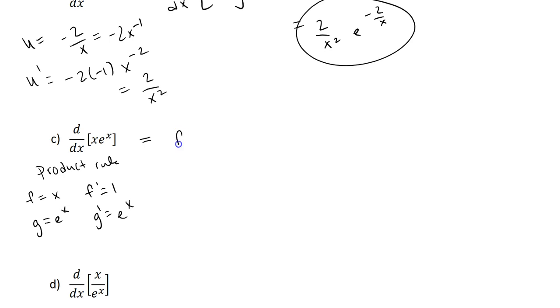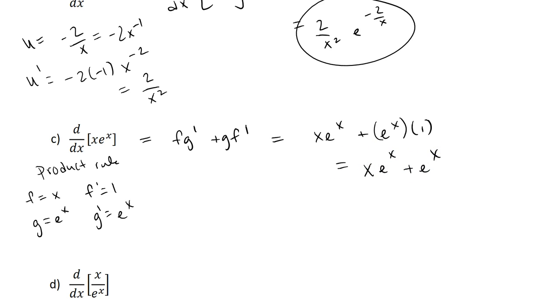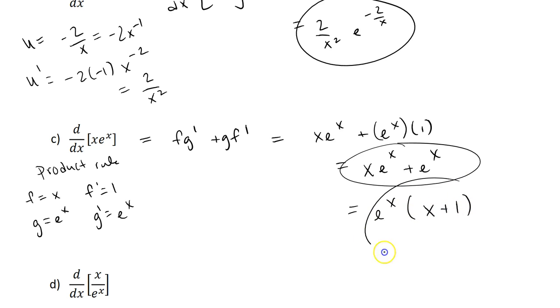So this derivative is going to be fg prime plus gf prime, which is x e to the x plus e to the x times 1, or just x e to the x plus e to the x. Now this is a perfectly valid answer. I wouldn't have a problem with that, but a lot of people like to factor things, so you may see it written as e to the x times x plus 1. Equally valid. No reason I wouldn't accept either one of those.